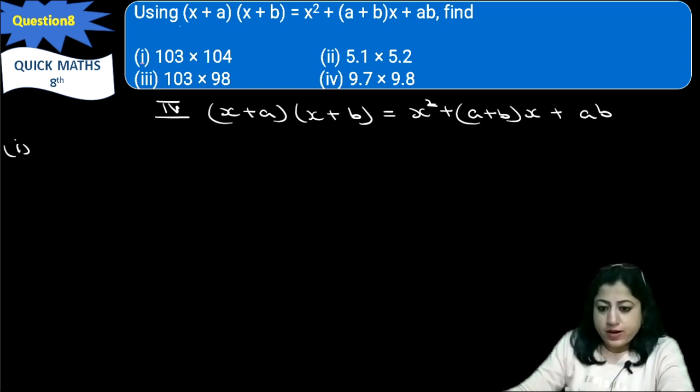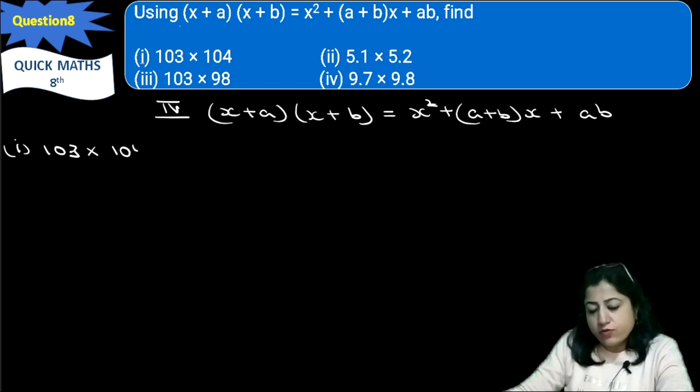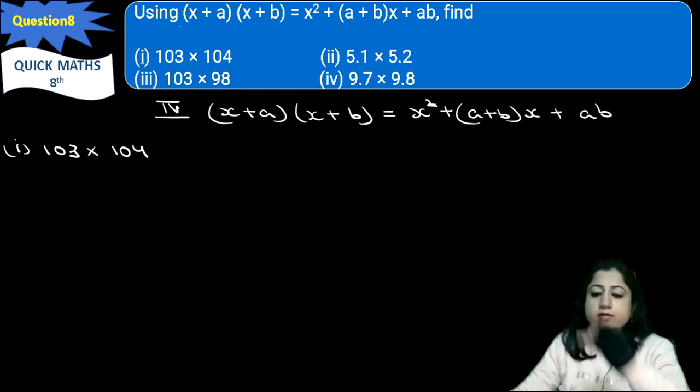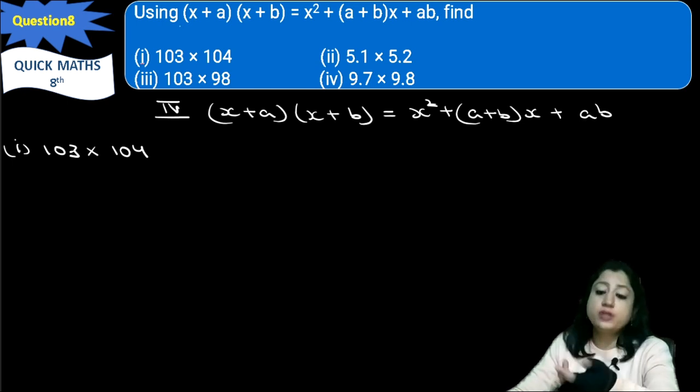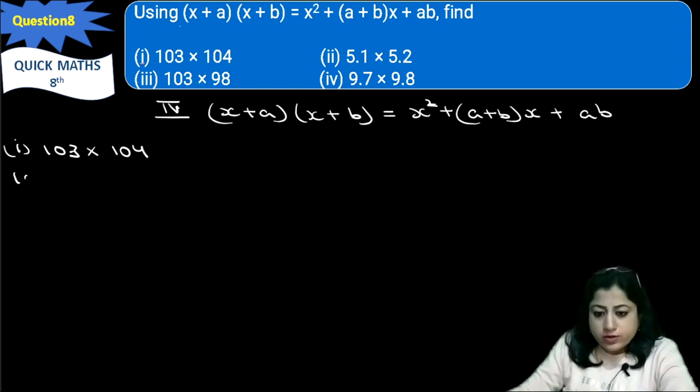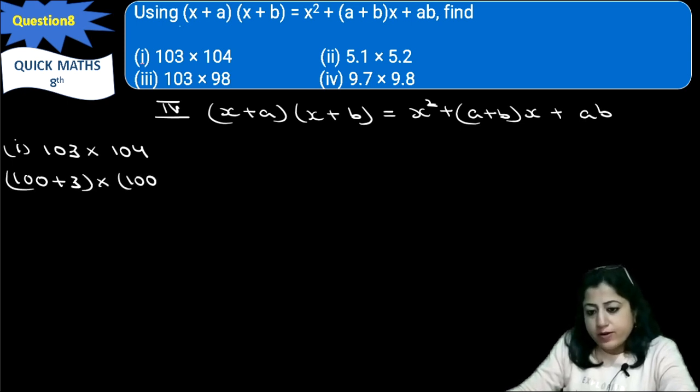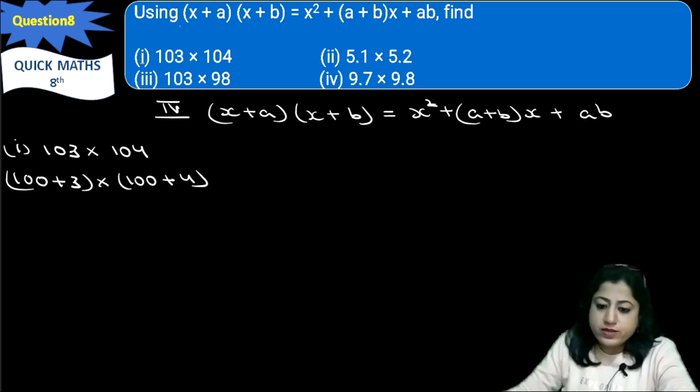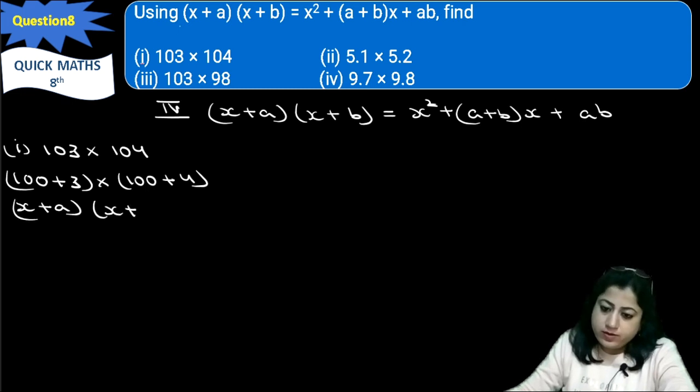So the first part is 103 multiply 104. First we will identify which number both are closer to. Both are closer to 100. So it is (100 + 3) multiply (100 + 4). In this we have got the form (x + a) and (x + b).